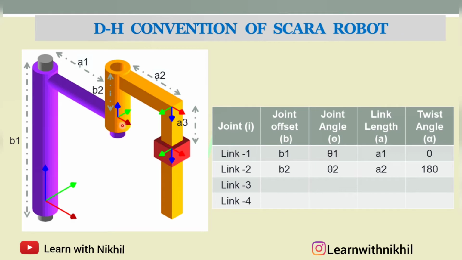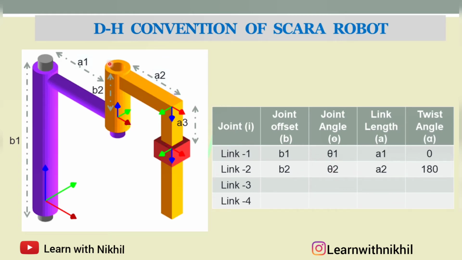Next, for the joint angle, again this x-axis, it is variable for the rotary joint, so we have written theta 2. At this particular position, if I have to calculate, the x-axes are in the same direction and parallel with the link. So at this position, the joint angle is 0.